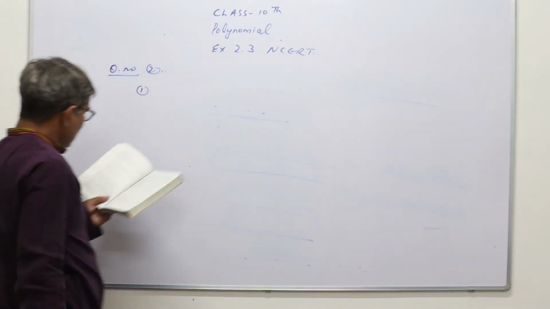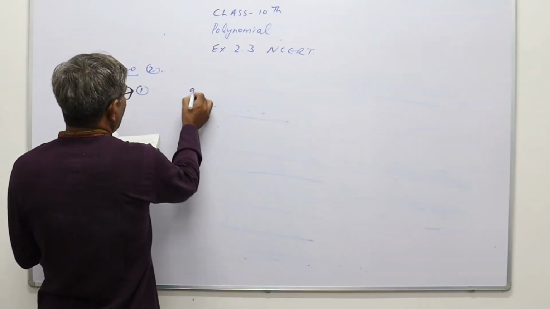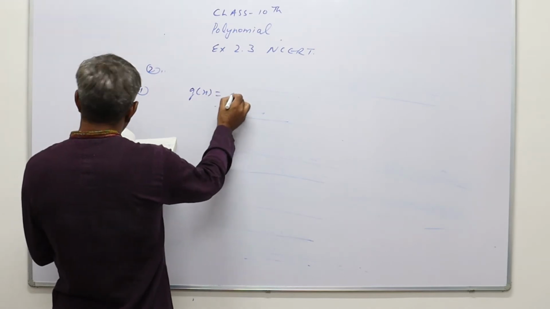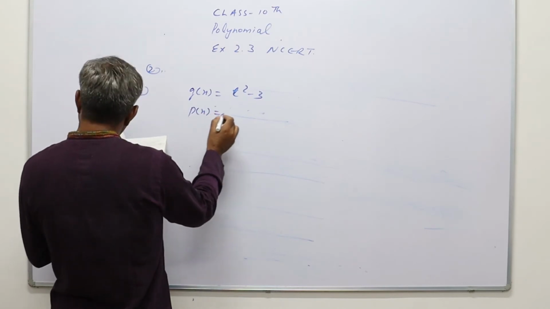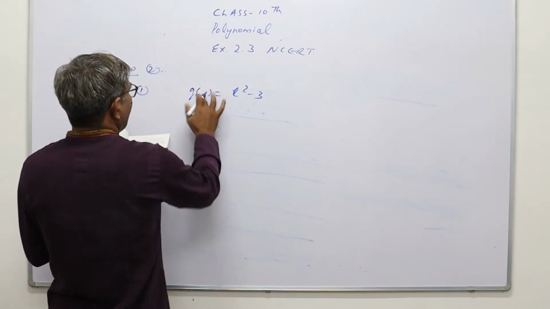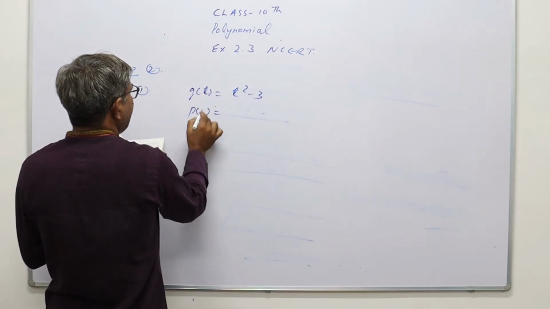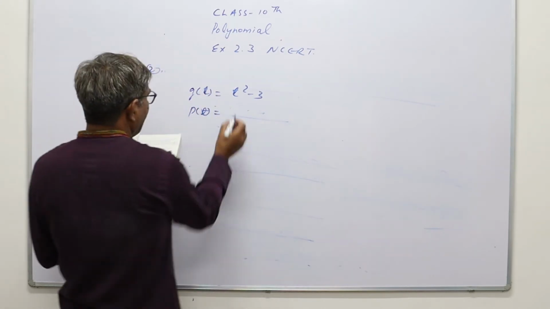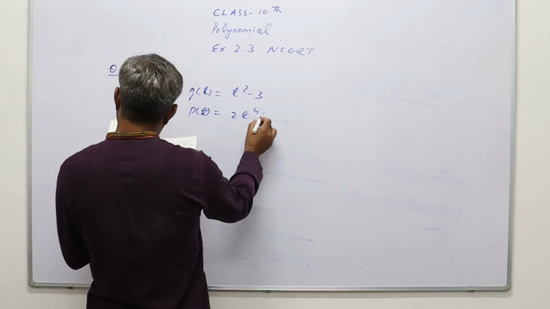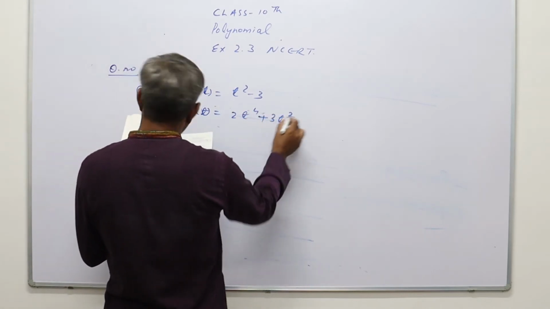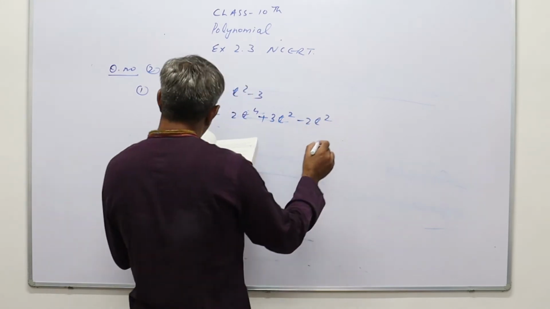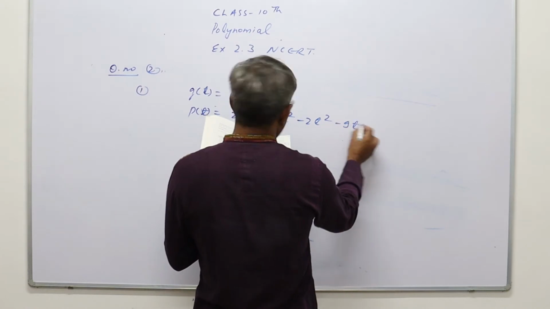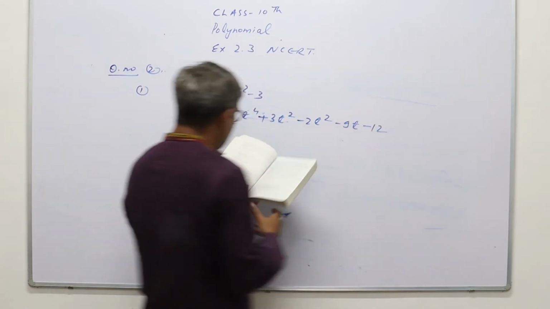So question number second, first part. Let the first polynomial be g(t) and it is equal to t square minus 3, and the second polynomial p(t) is equal to 2t power 4 plus 3t cube minus 2t square minus 9t minus 12.